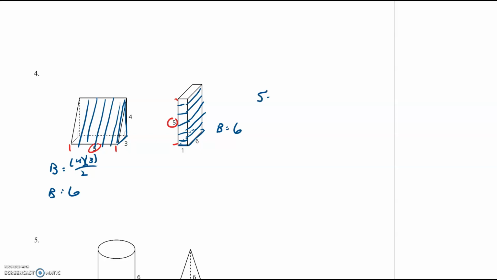So these will have the same volume, because each cross section is congruent, or has the same area. And there are the same number of cross sections. There are 5 in each.